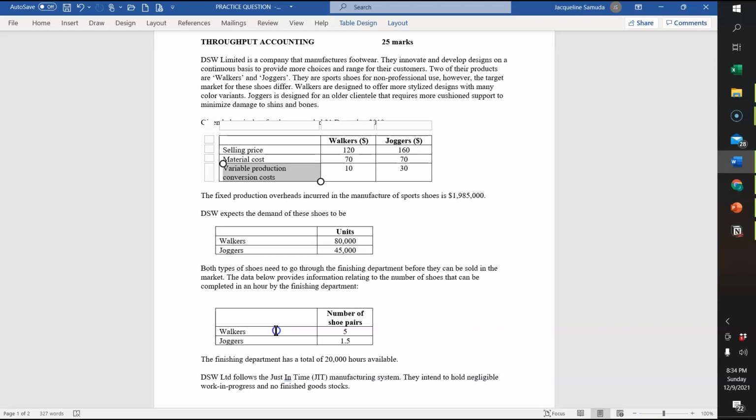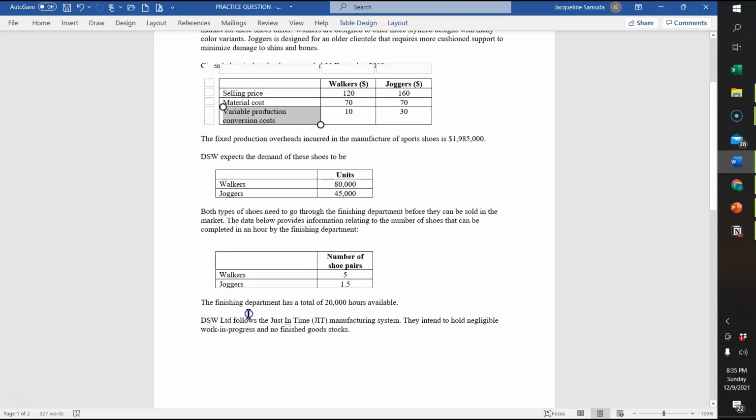Now, in the TPAR formula, based on the slide, the calculation centers around 1 hour of limiting factor time. In this example here, for every hour of the finishing department's time. So when we are calculating, we're going to be asking ourselves, first of all, how is the limiting factor expressed?